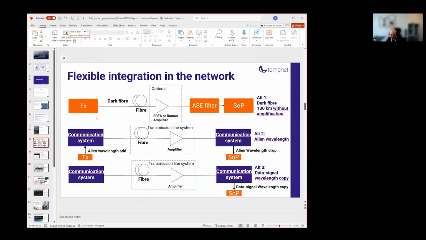So what we have done, it's up and running in our network now, different methods for integration. It's a dark fiber where we just put up an SFP, sending continuous light into the dark fiber. It may or may not have an EDFA along that fiber.